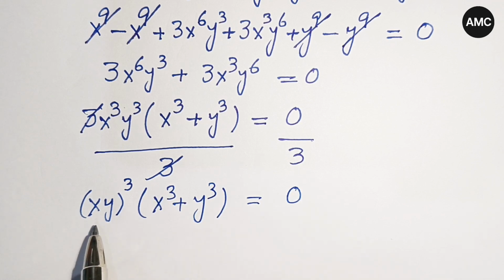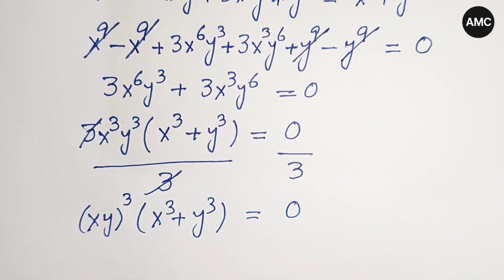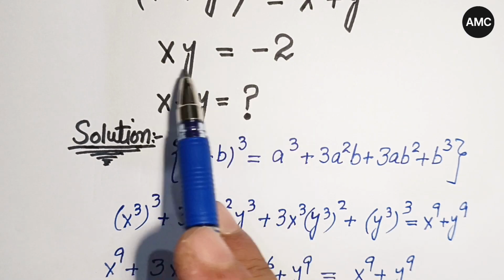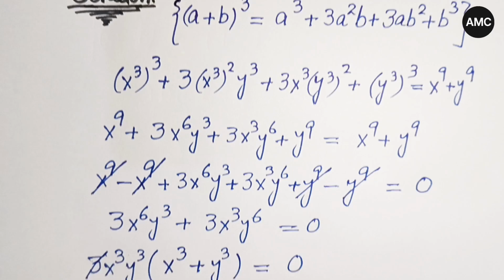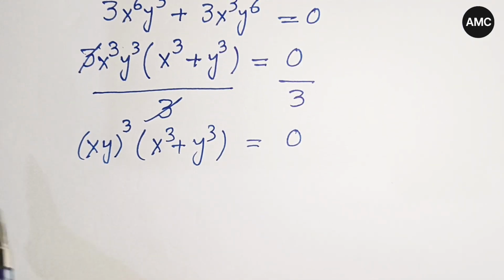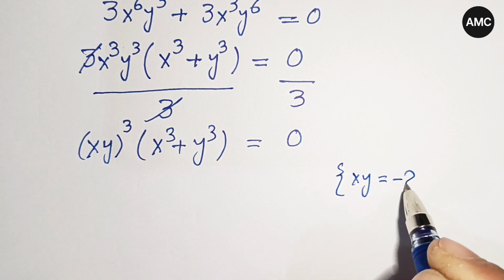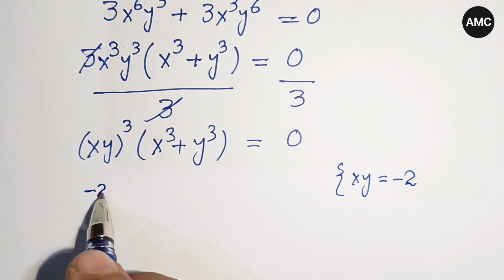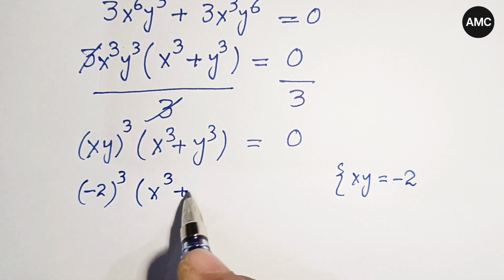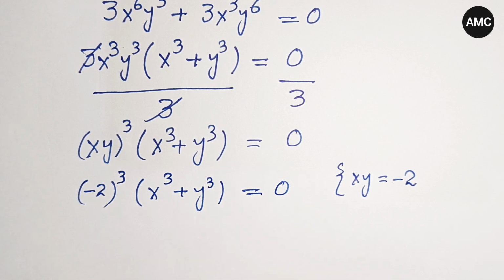Now here we see that it is x times y, and in our problem it is also given that x times y is equal to minus 2, so putting this value here. Now replace this xy with minus 2. So it will be (minus 2) cubed times (x cubed plus y cubed) is equal to 0.